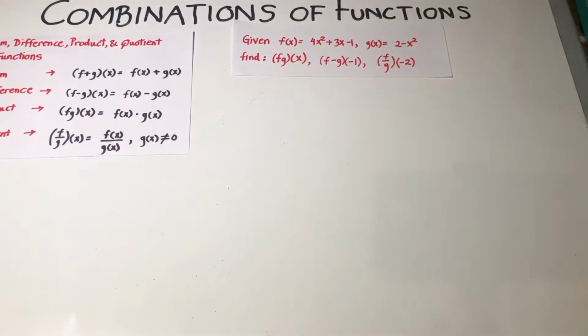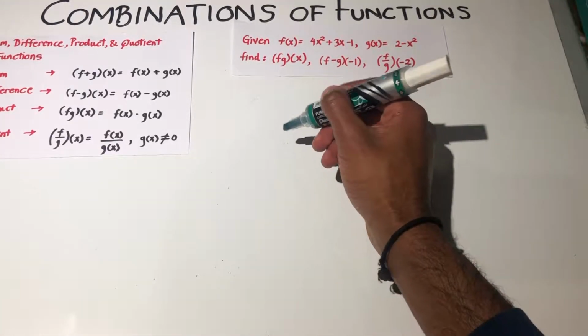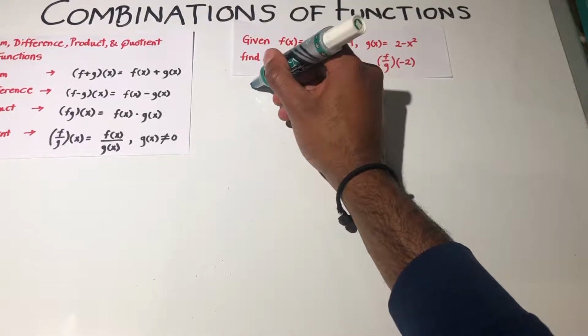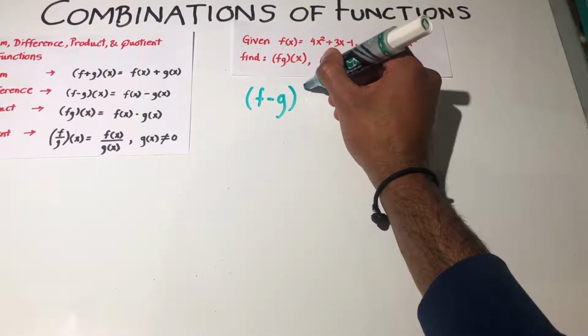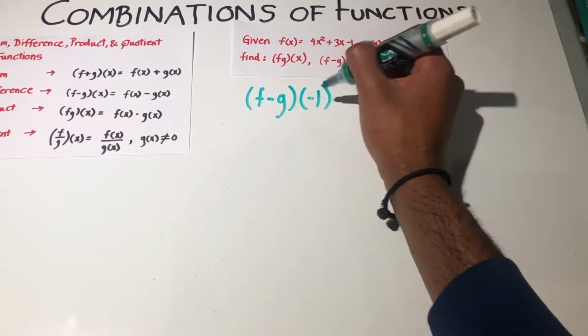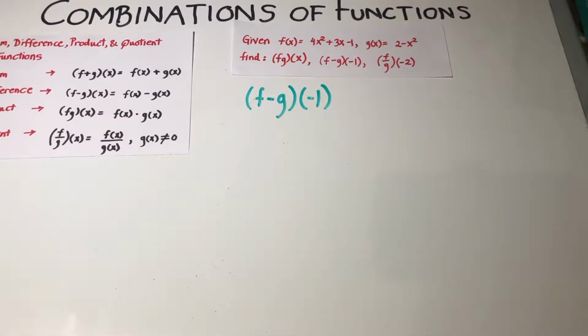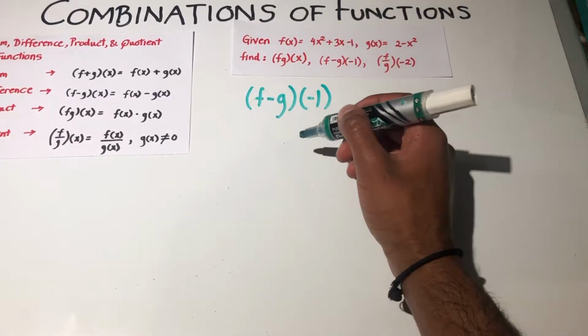So the second part is much simpler than the first one. We have f minus g of negative 1, and we have a value 2 here. So eventually we're gonna end up with a number, not an expression.